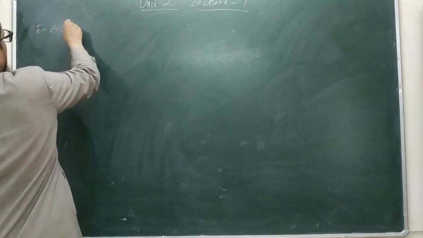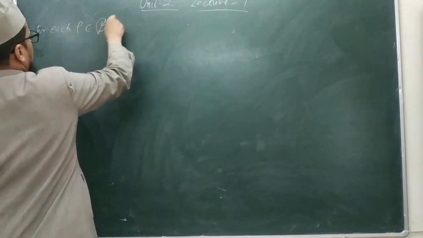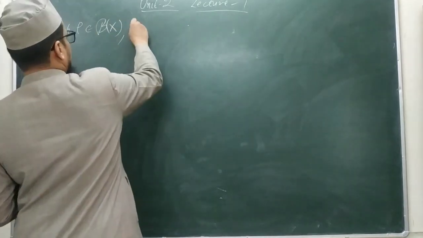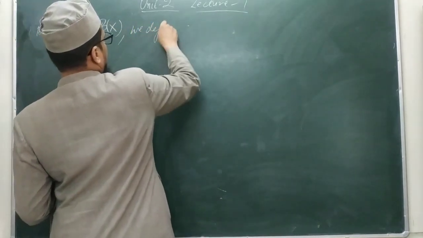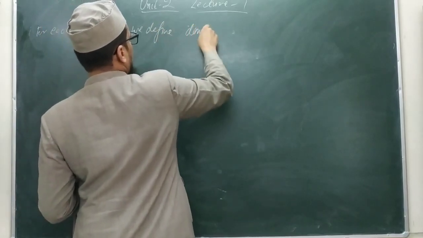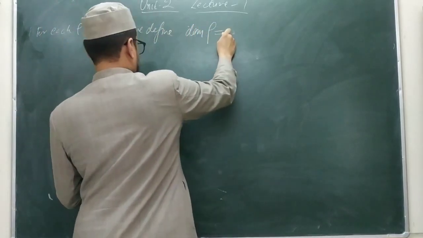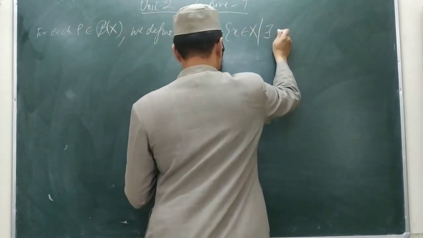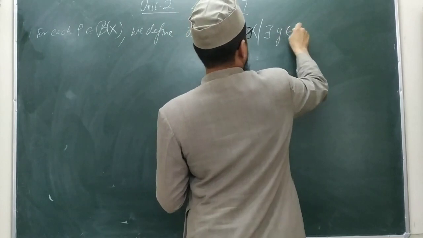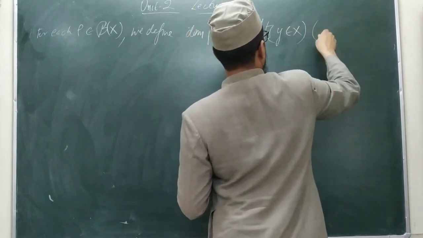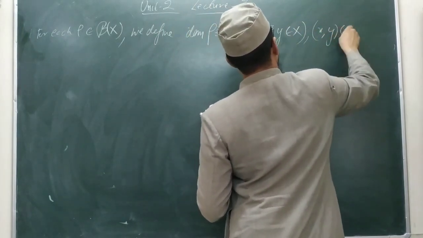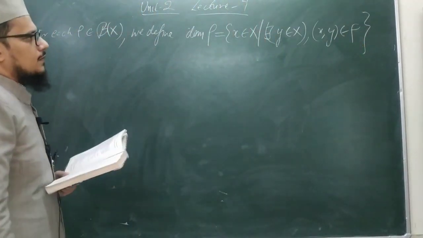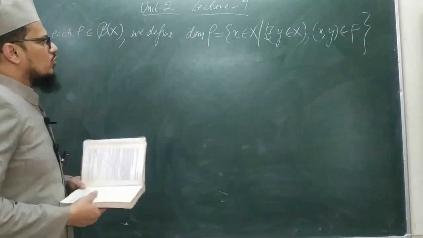For each row belonging to Bx, we define domain row as x belongs to X such that there exists y belongs to X, (x, y) belongs to row. So in this way domain row is defined.